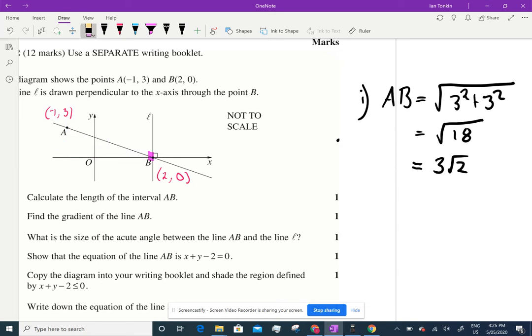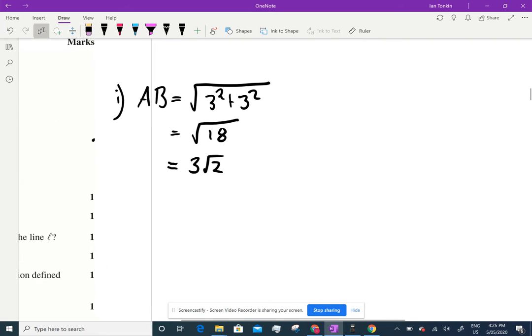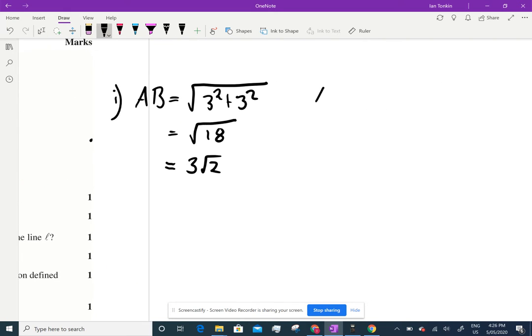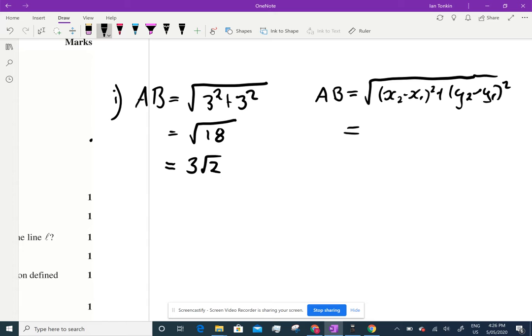you can do that, but you can also go, well, I've got the 2 coordinates there, so I can just use the formula. And the formula is AB equals the square root, and you should have done a lot of these, x2 minus x1 squared plus y2 minus y1 squared. So what are the 2 coordinates?